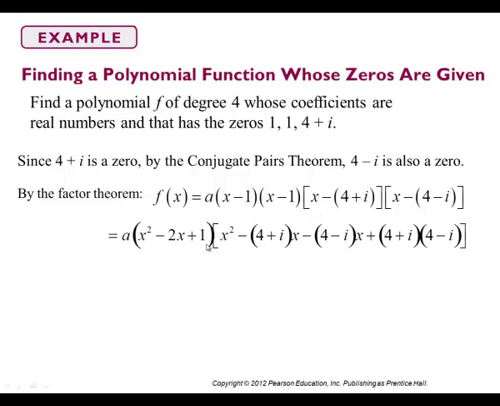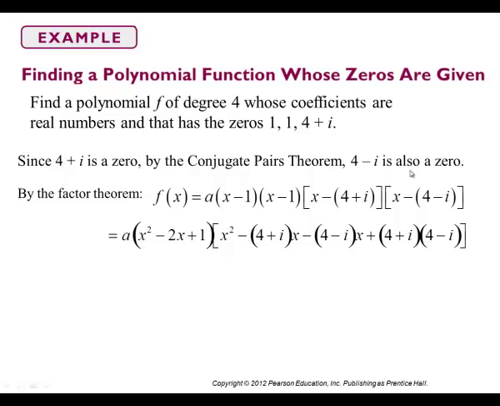Alright, so now what we're going to do is we're going to FOIL the x minus 1 squared, so that would be x squared, and negative 1x, and negative 1x is negative 2x, and negative 1 times negative 1 is plus 1. Okay, and now we're going to take the x times x, and that's x squared. And then we're going to take the x times the minus (4 plus i), and that will be minus 4 plus i times x.